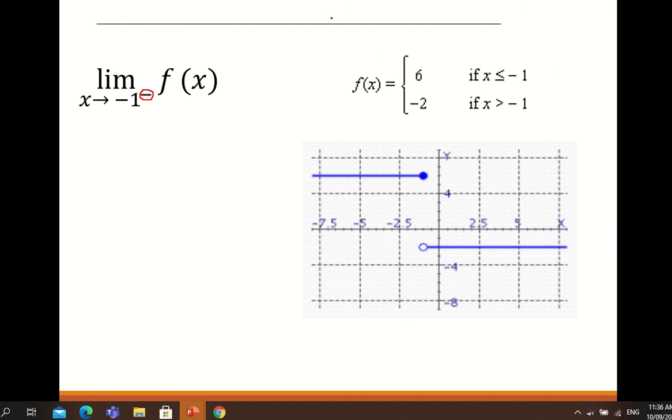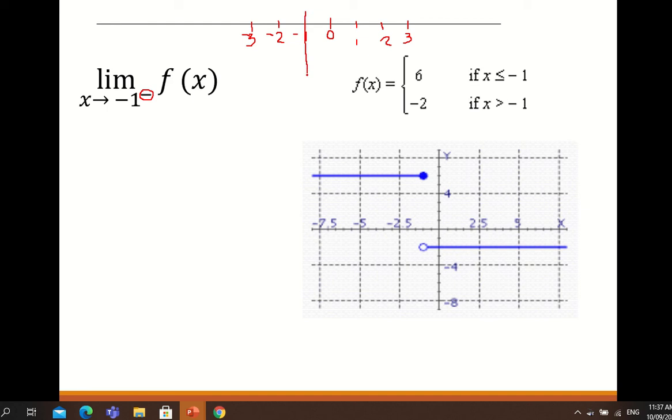So what does it mean? For example, this is our number line. This is our 0, then we have here -1, -2, -3, then 1, 2, 3. This is the boundary.